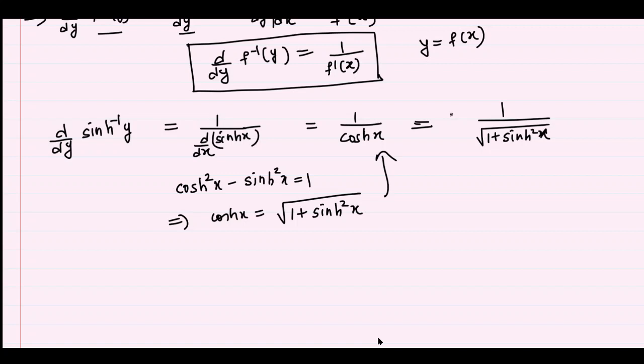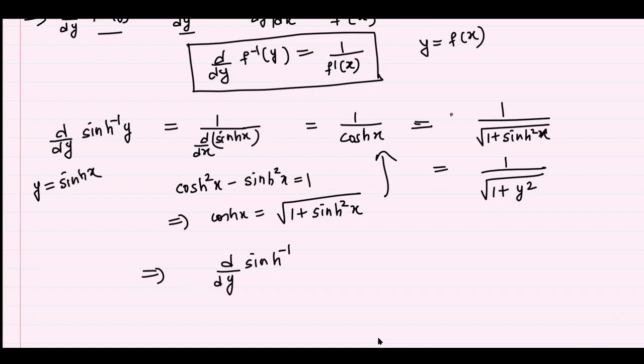And what is sinh x? Here we have y equal to f of x, so we have y equal to sinh x. So this is root of 1 plus sinh square x, which is 1 plus y square. So this implies that d by dy of sinh inverse of y is equal to 1 by root of 1 plus y square.